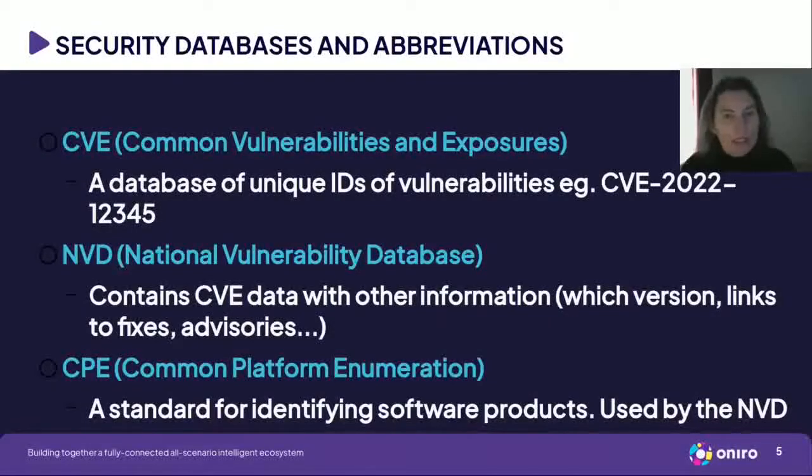And then finally, we have CPE, Common Platform Enumeration, a standard to describe a product or a software project in a unique way so that we can identify them. And this is the way NVD identifies which issue affects which program.